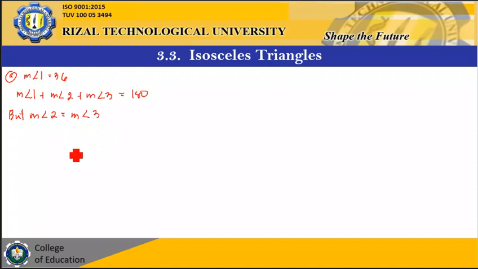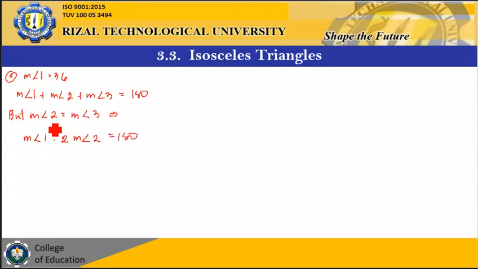So since they are equal, just plug in the measure of angle 1 plus twice the measure of angle 2 by substitution, is equal to 180.